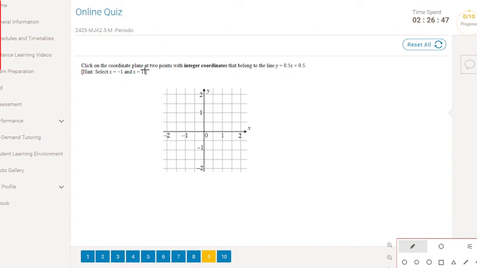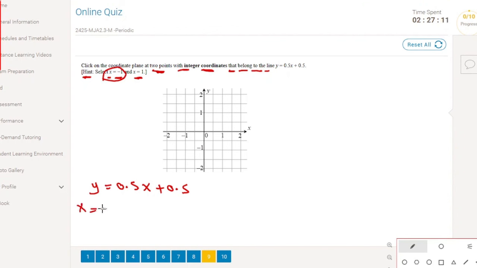Click on the coordinate plane at 2 points with integer coordinates that belong to the line y equal to 0.5x plus 0.5. Here, giving a hint, select x equal to minus 1 and x equal to 1. So let's take the first point.